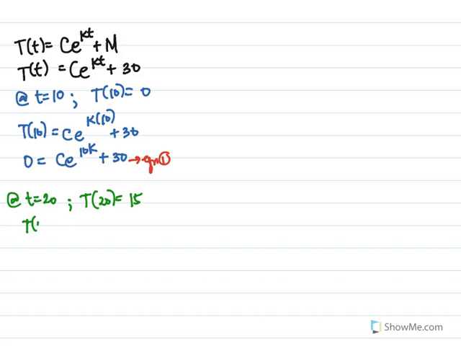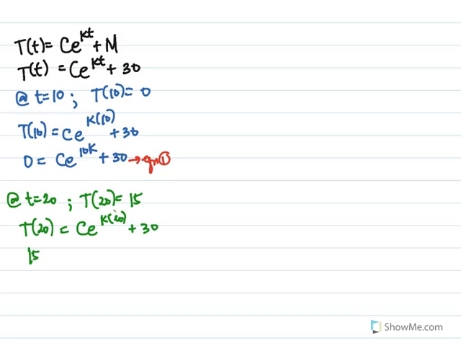So that's T of 20 equals Ce to the K times 20 plus 30.